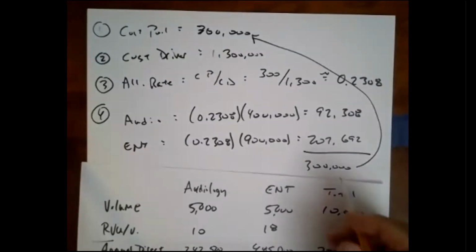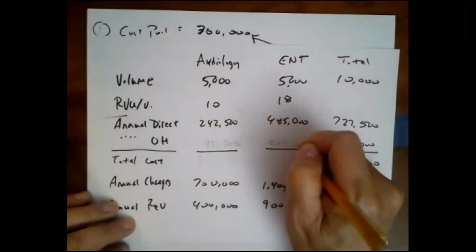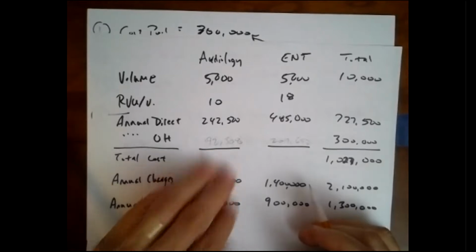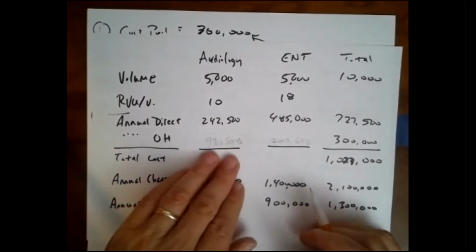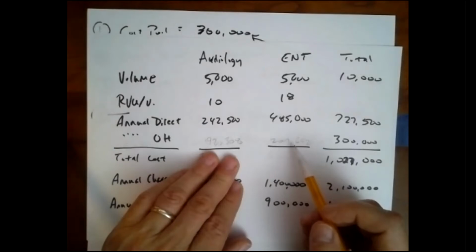And here, 207,692. Now what's happened? Well, under the charges, the cost to charge ratio, audiology got 100,000 in charges and ENT got $200,000 in charges.